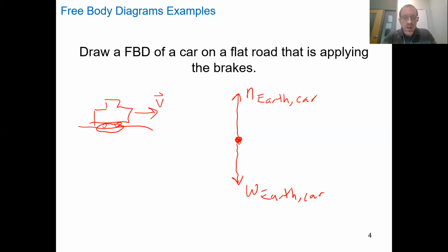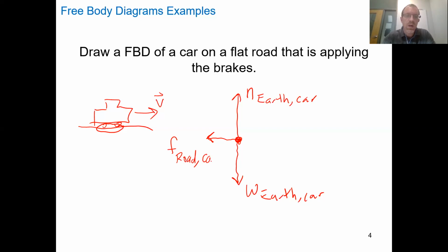The other force I have is from the fact that the car is applying its brakes. This car is slowing down, so there's got to be a force to the left that's causing it to slow down. Now we can think about what that force is. The force has to be due to the contact between the road and the car, and the only thing I can think of that would cause that is a frictional force between the road and the car.